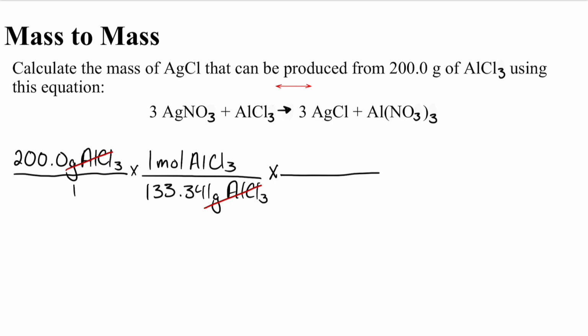So I'm going to put 1 mole of aluminum chloride on the bottom to make moles of aluminum chloride cancel, and then 3 moles of silver chloride on the top. Moles of aluminum chloride cancel, and now I can convert from moles of silver chloride to mass of silver chloride, just like normal.